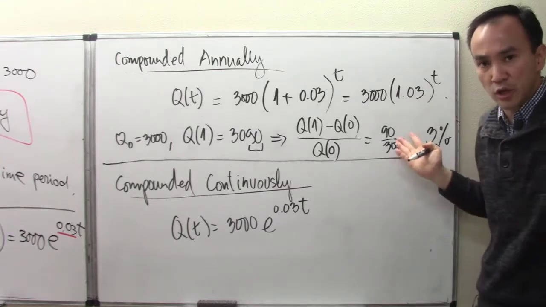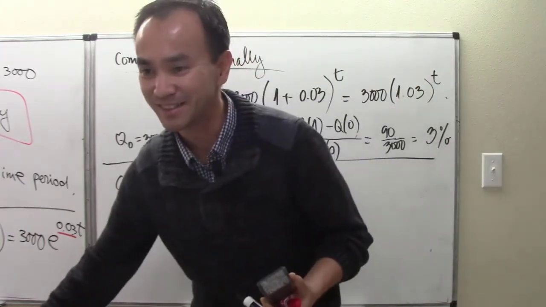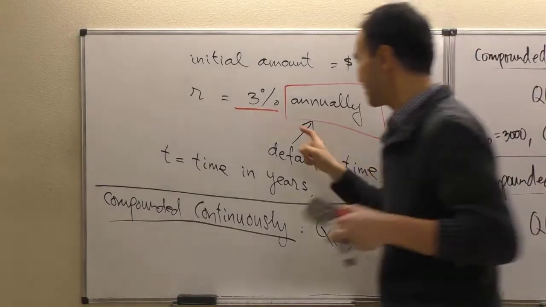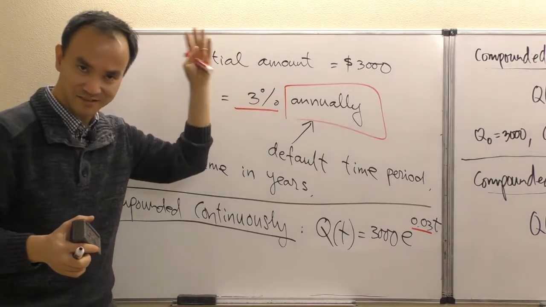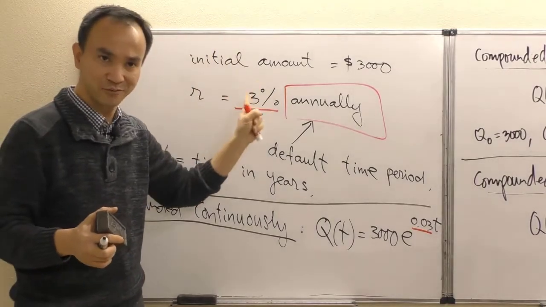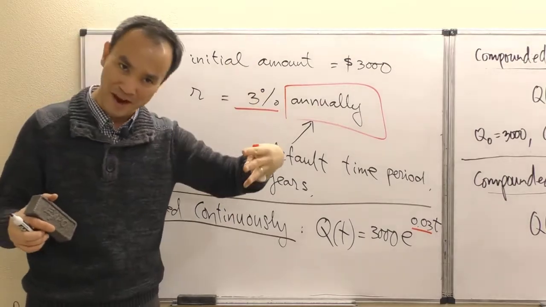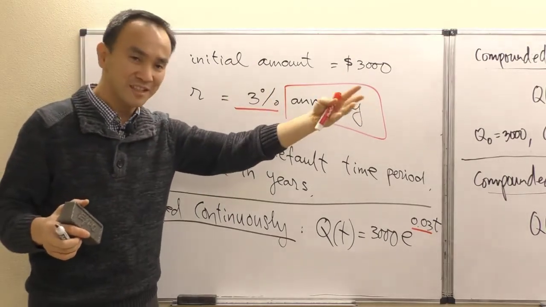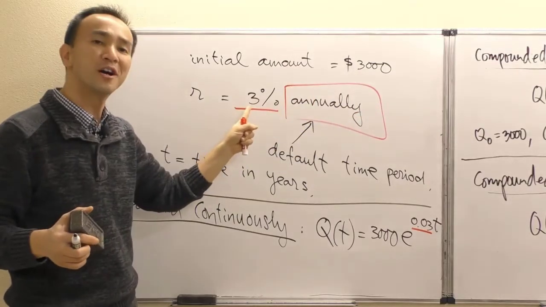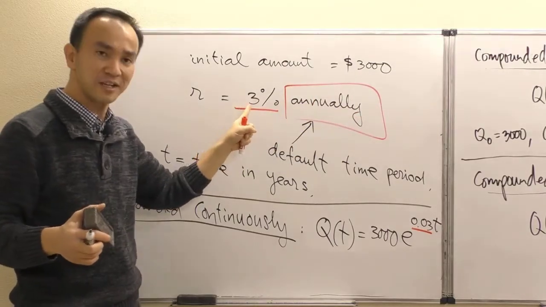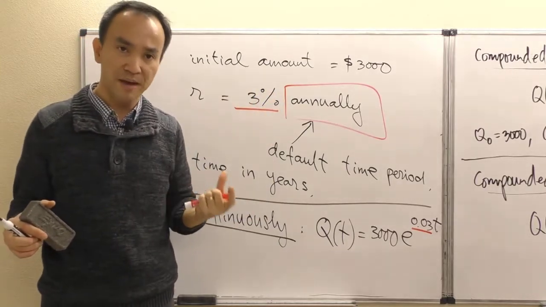There is no doubt about it, because the problem told us right from the beginning, speaking from the bank to an investor, that we're going to reward you, we're going to pay you 3% annually. It's the rule that the bank set out.